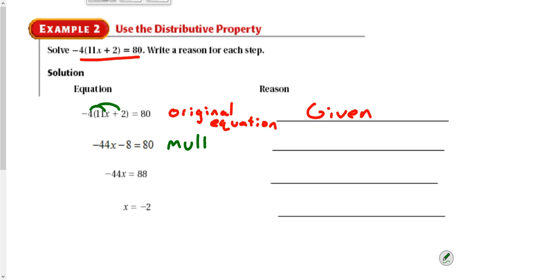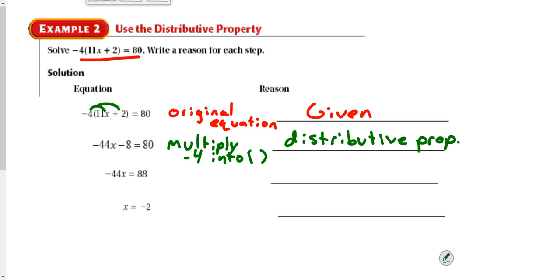So we multiply negative 4 into those parentheses. And that is the distributive property.